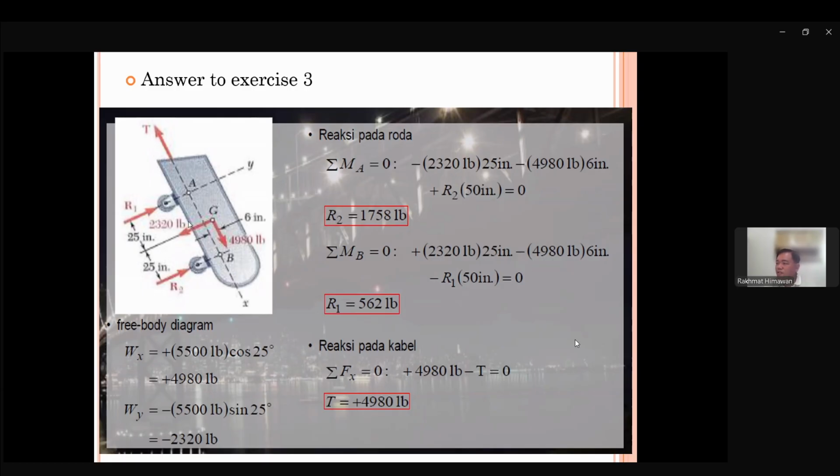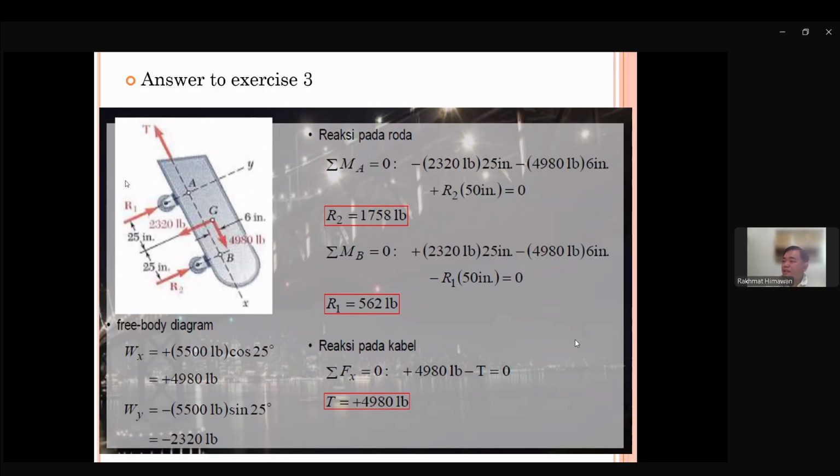So let's just calculate the moment then. 2,320 pounds multiplied by the distance between this and point A, which is 25 inch. This one has a clockwise effect, and this answer key is using minus, so for clockwise, it's minus.